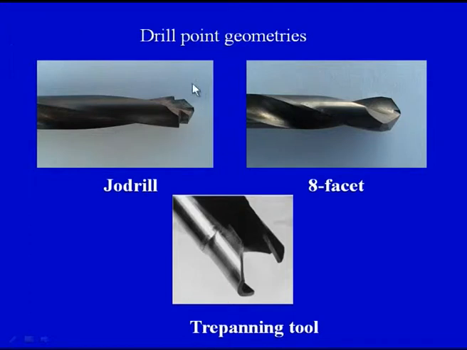Then we have the 8 facet drill, in which we have 4 faces on one side and another 4 faces on the other side. And finally, we have a trepanning tool, which is a hollow tool and which starts its cutting operation from the periphery of the hole. These are some of the modified drill point geometries used to avoid damage during drilling of polymer composites.